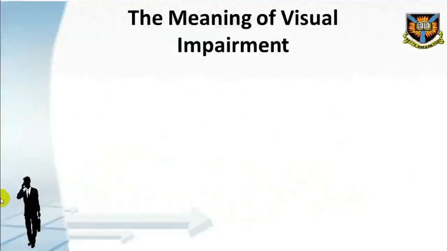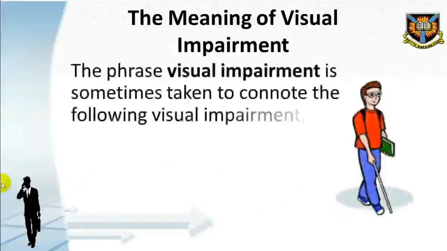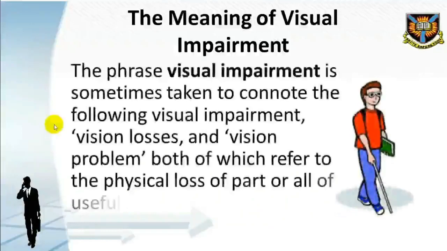The meaning of visual impairment. Vision is an important sense for interpreting the world around us. When vision is impaired, it can have a detrimental effect on the physical, neurological, cognitive, and emotional development of the person concerned.